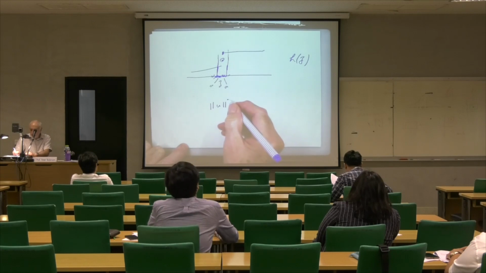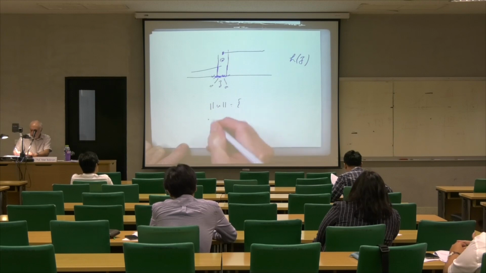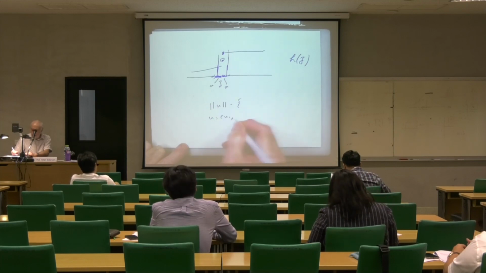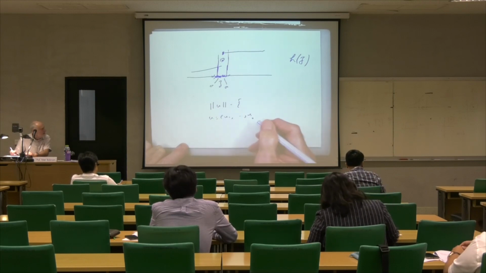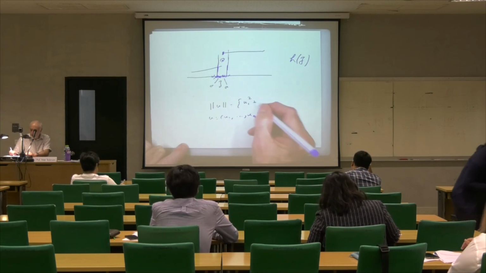U is the vector. It doesn't matter if it's a column or a row vector. What was the dimension? Q, I think, wasn't it? The norm of u, this is the Euclidean norm, basically.